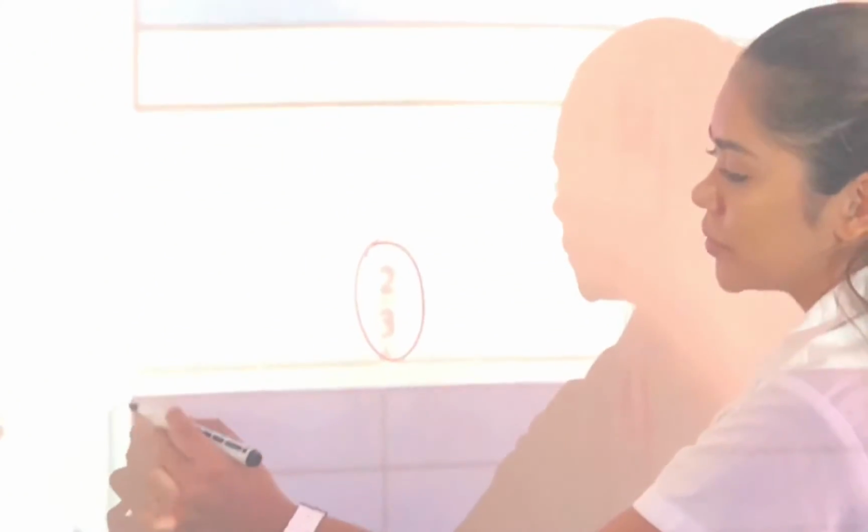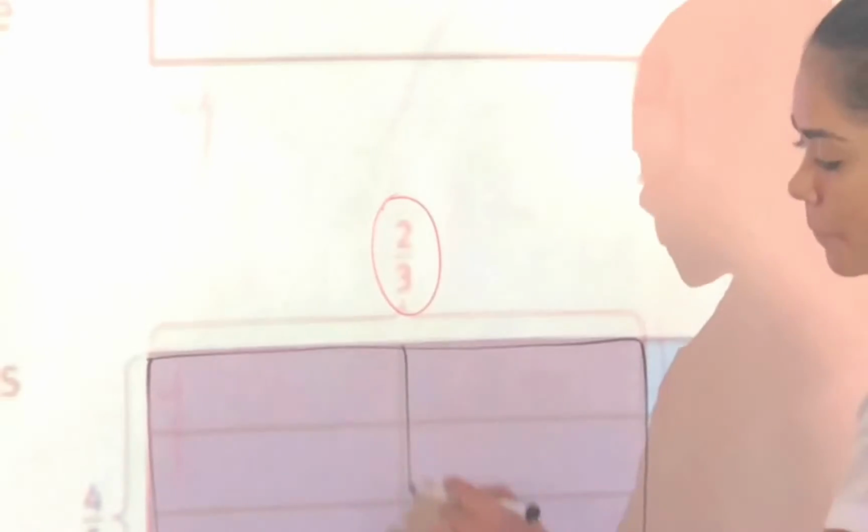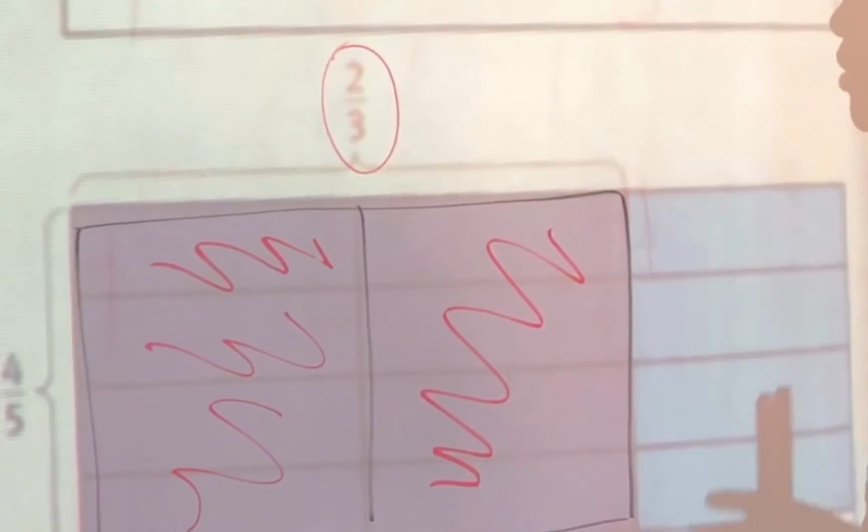So we have 4/5. Now we can find a fractional part of the fraction 4/5. Let's imagine we need to find 2/3. So what are we going to do? We are going to grab 2 parts of the 3 parts that we already divide. And the question is, into how many small rectangles was the big rectangle divided?